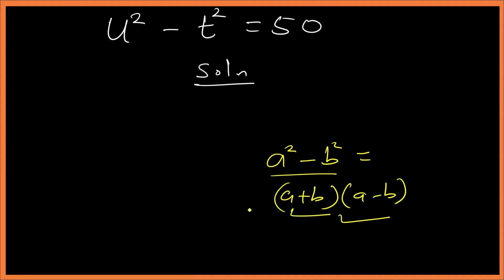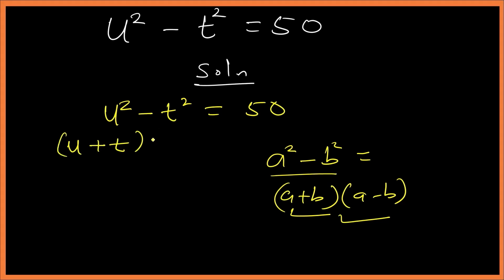So that is the difference of two squares. So my u squared minus t squared equals 50 is the same as (u plus t)(u minus t) equals 50.